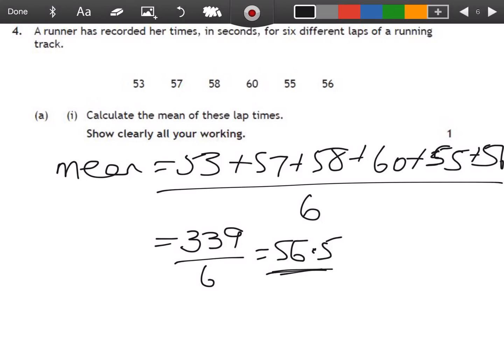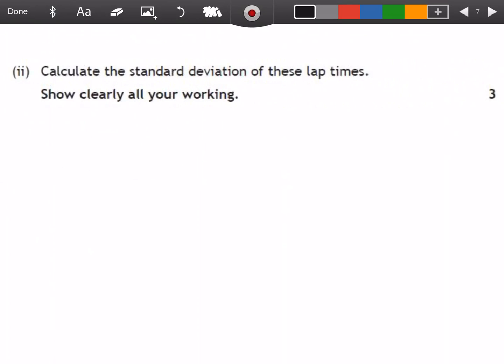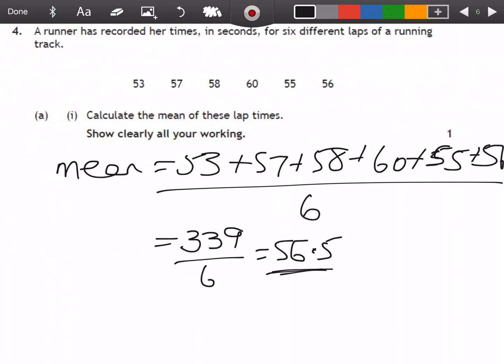Okay, part 2, hopefully you maybe recognise the question. It's a paper 2 question. It's a mean and standard deviation. Okay, calculate the standard deviation of these lap times. Now, to be able to do this, we actually need the lap times. So 53, 57, 58, 60, 55 and 56.